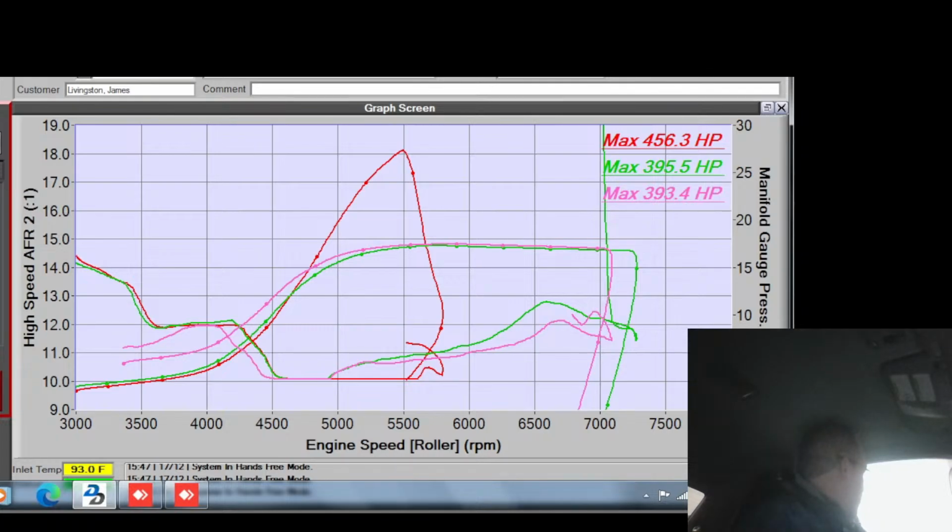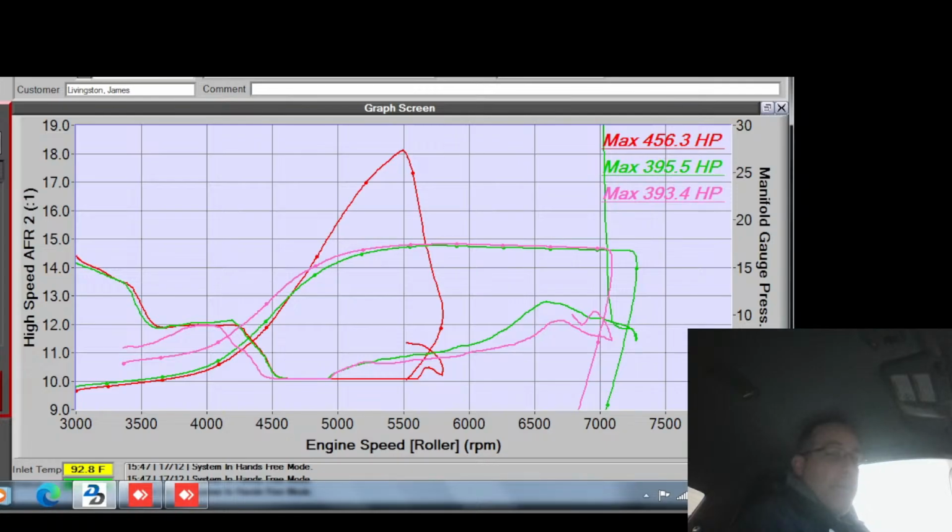This thing does not spool fast at all compared to how fast my cams and our turbo and intercooler kit spool turbos. It is remarkable, the difference in spool time.